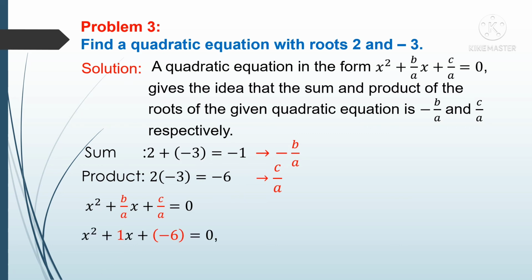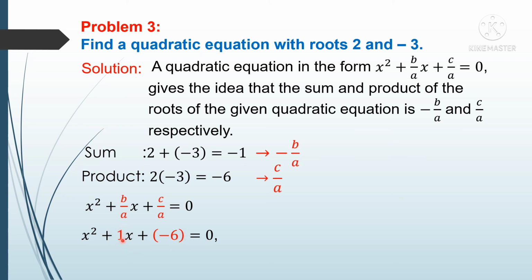Okay. But remember that in the sum, we always get the additive inverse. So in other words, if it is negative, then we write it here positive. While the product, we have to copy that as is. So negative 6. So we have x plus 1 times x plus negative 6 equals 0. So we have to simplify this one.